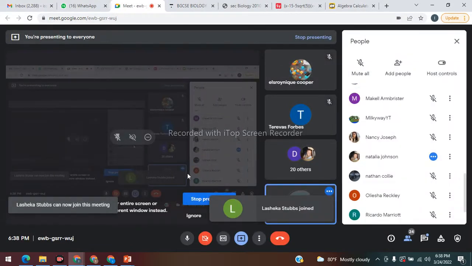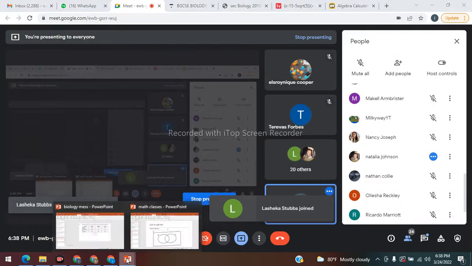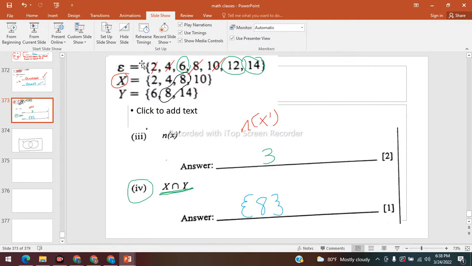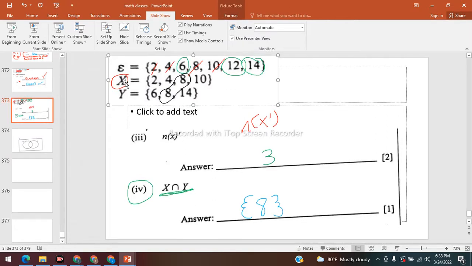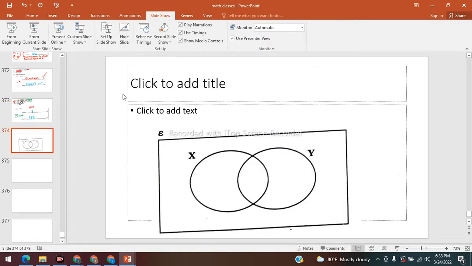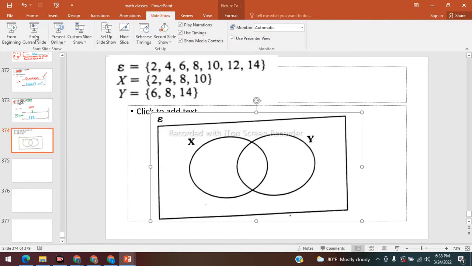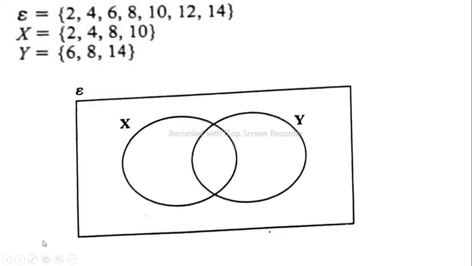So this is the universal set 2, 4, 6, 8, 10, and 12, and then we need to fill it in. So what goes into X?